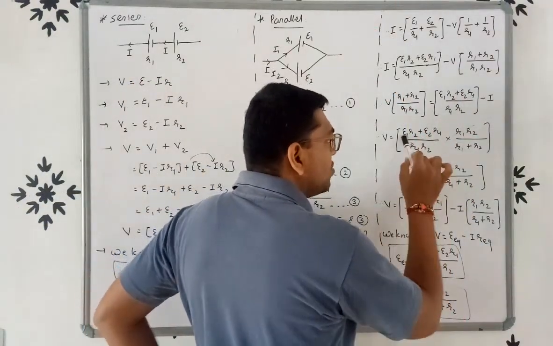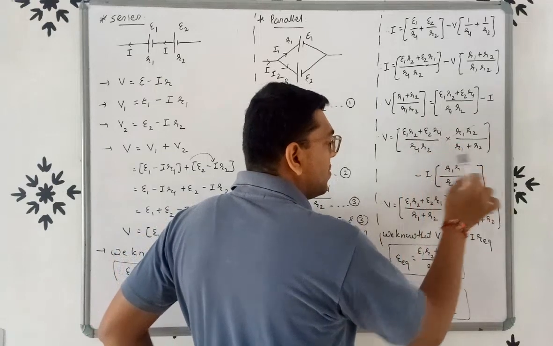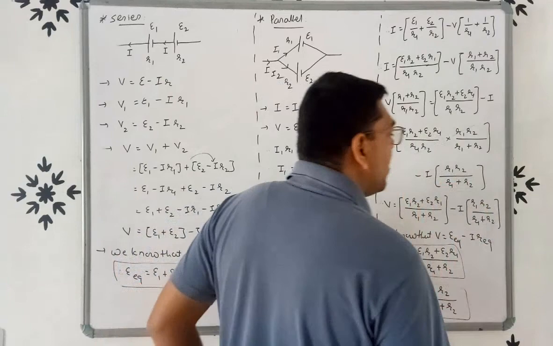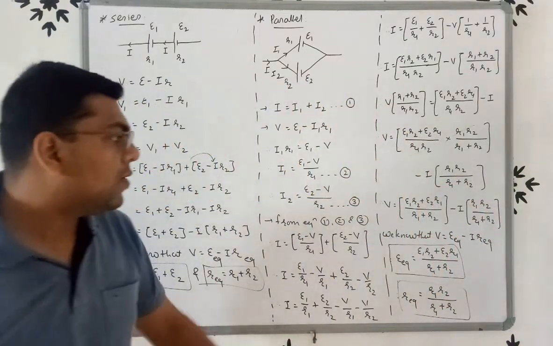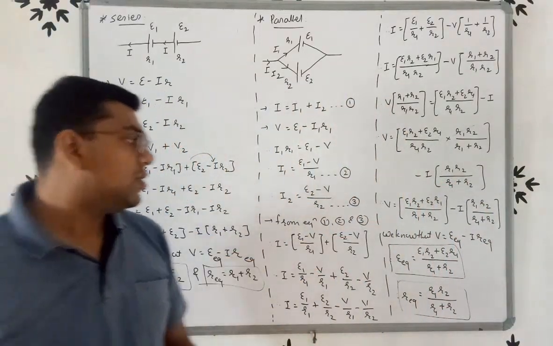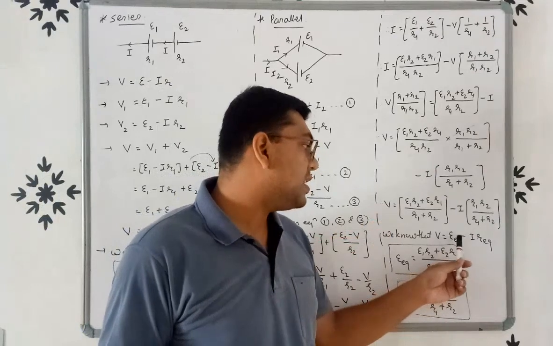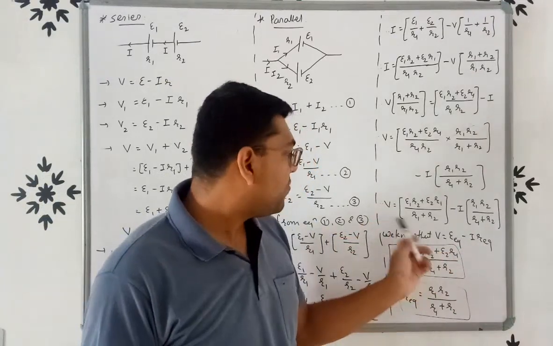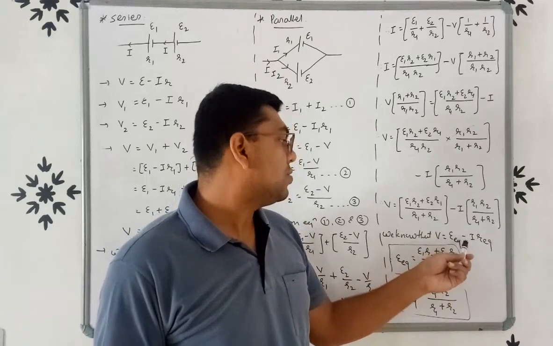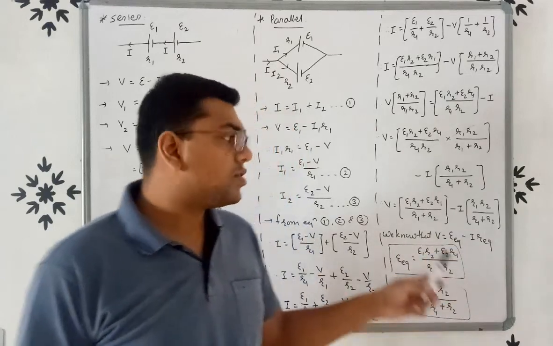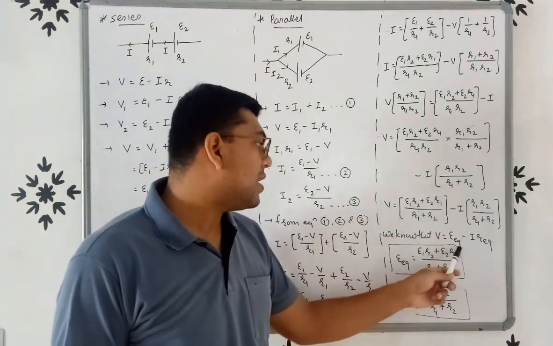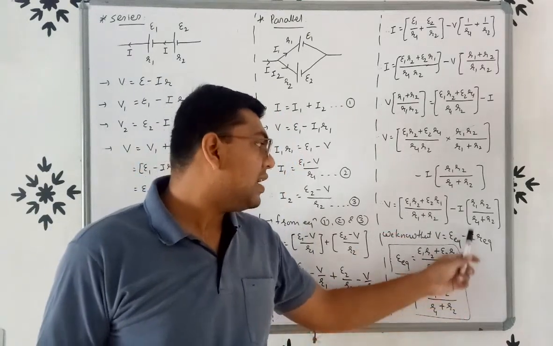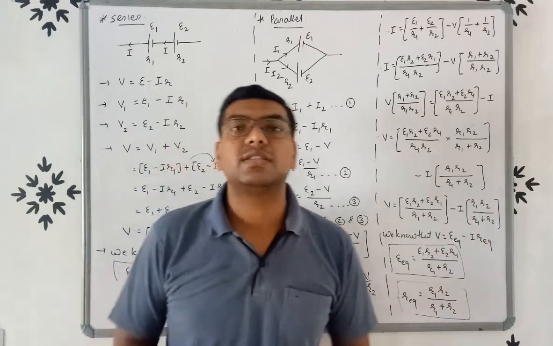So V is equals to E1 R2 plus E2 R1 upon R1 plus R2 minus I R1 R2 upon R1 plus R2. Now we compare this equation to V is equals to E equivalent minus I R equivalent. So we will get E equivalent is equals to E1 R2 plus E2 R1 upon R1 plus R2, and R equivalent is R1 R2 upon R1 plus R2.